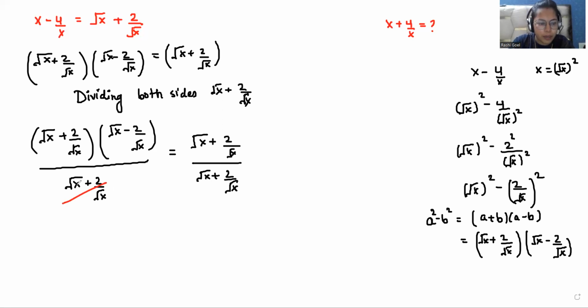So we can eliminate this. What is left? Under root of x minus 2 over under root of x is equal to 1.